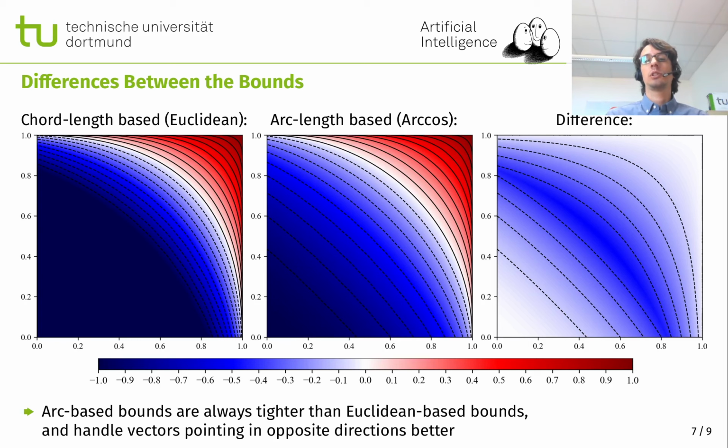Nevertheless, one key result is that the arc length bound can be much better than the chord bound, and it's tight. So the chord bound is not optimal, but the arc length, since we're talking about working with the arcs on the surface of the sphere, the arc bound is actually as good as we can get.